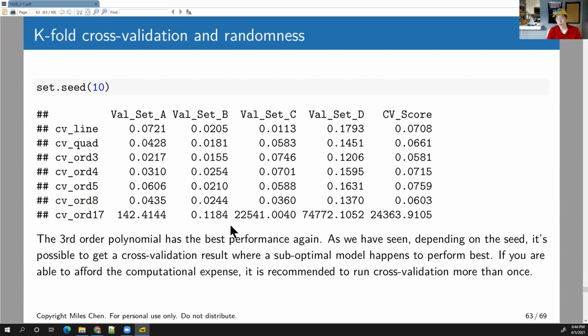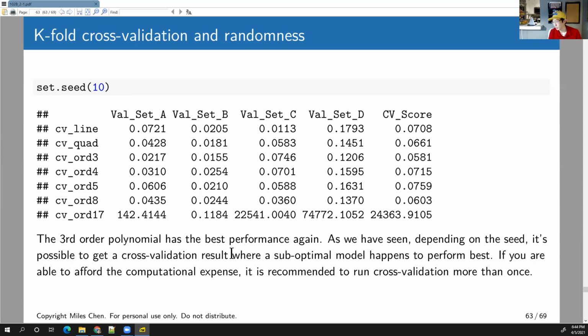So if you are able to run it multiple times, it's not a bad idea, because cross-validation results are subject to randomness, and if you're consistently getting the same model performing best across multiple runs, that's a great sign that this is probably the best performing model.